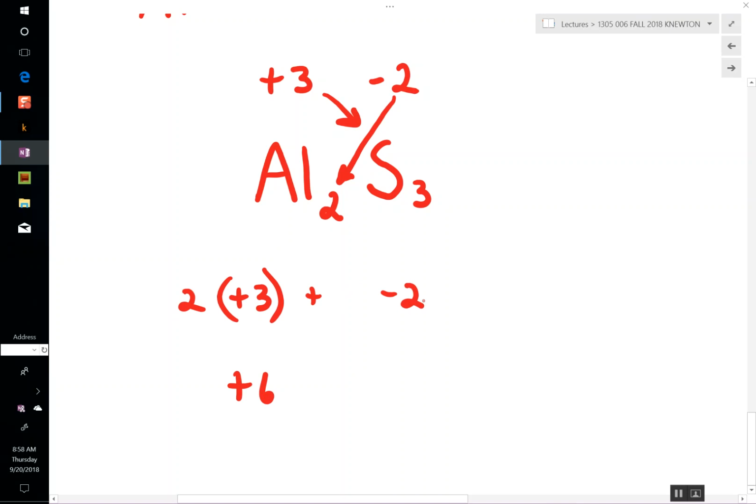This has a -2 charge, and there are 3 of them, -6. You see where that's neutral? It's coming out neutral. Aluminum sulfide has a ratio of 2 aluminum ions for every 3 sulfide ions. Good.